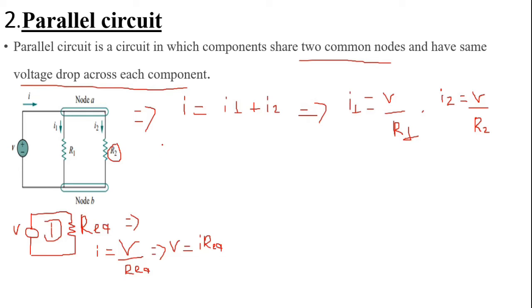Now we can substitute the value of I: V over R equivalent, the equivalent resistance for this parallel circuit, equals I1, which we already obtained as V over R1, plus V over R2.